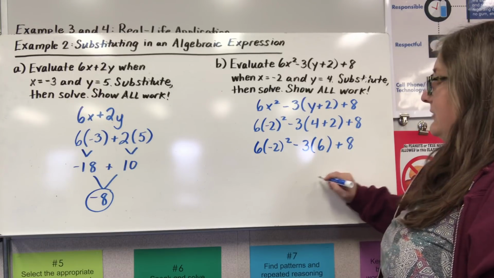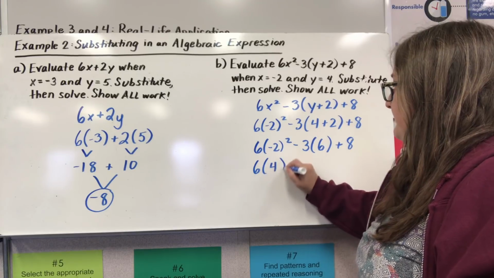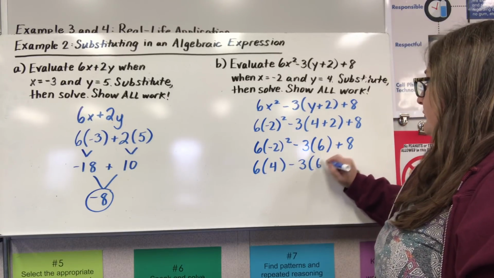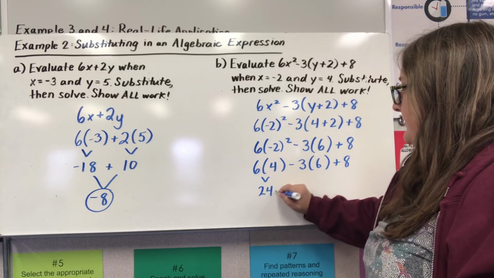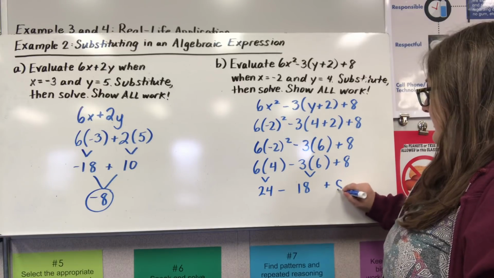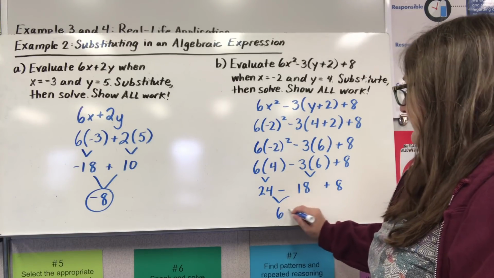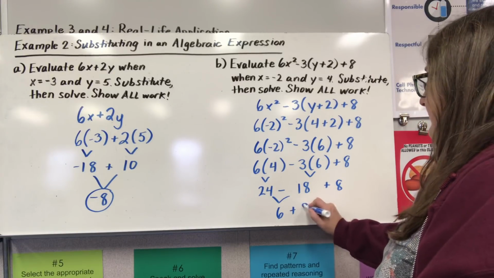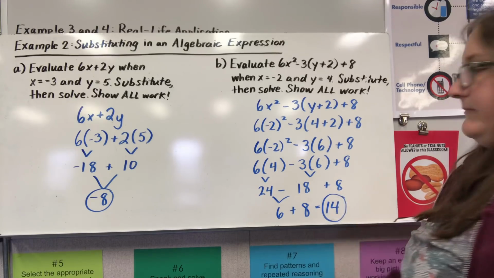Now I'll do exponents. -2 times -2, I get 4. Next, I will do my multiplying. So I have some multiplying here, I get 24. I have some multiplying here, I get 18. So 24 minus 18 is going to leave me with 6, and 6 plus 8, I'm going to get 14 as my total.